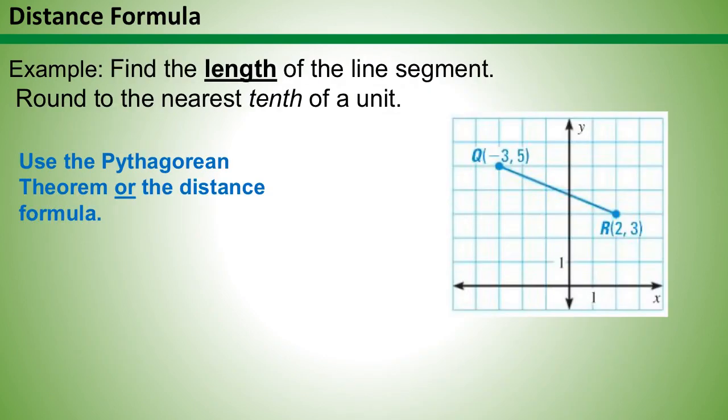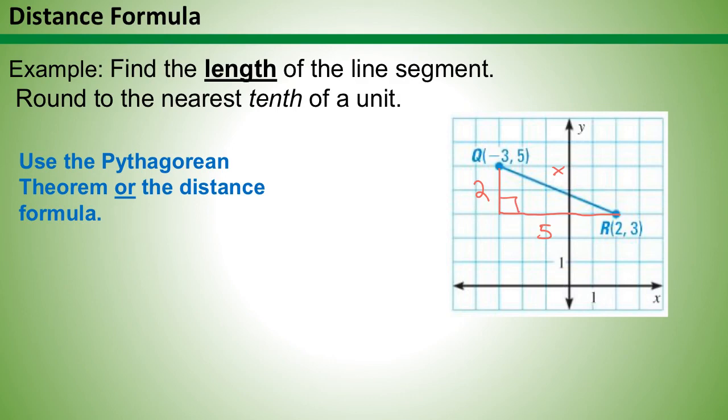Okay, let's do one more here. So here we can either use Pythagorean theorem or the distance formula. I'm gonna use Pythagorean theorem on this one. So if I form a right triangle out of this one, so I'm gonna go down and over, okay? So I'm going down 2 and I went over 5. Okay, I'm trying to find this.